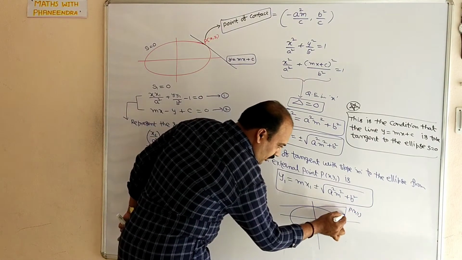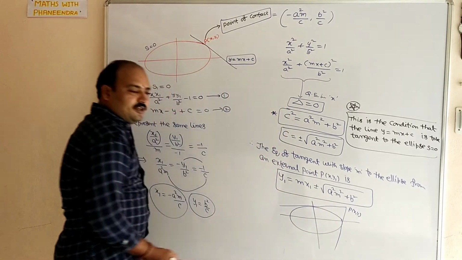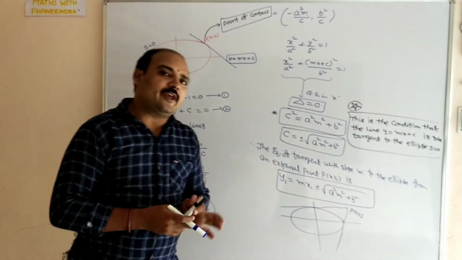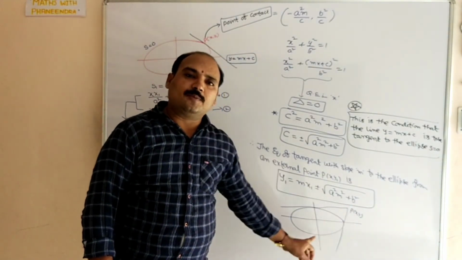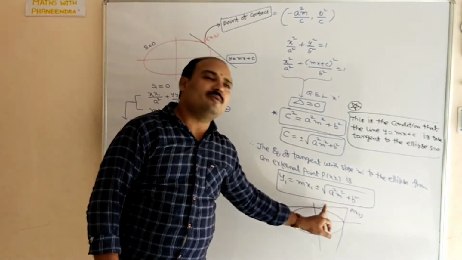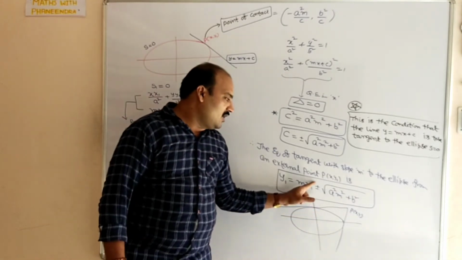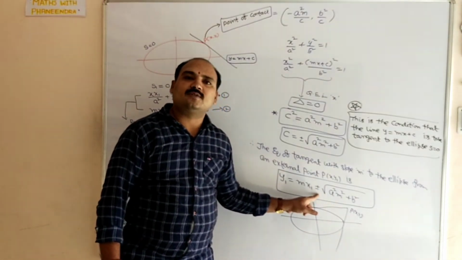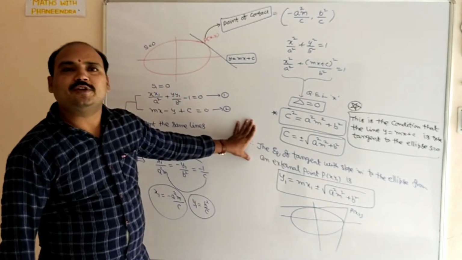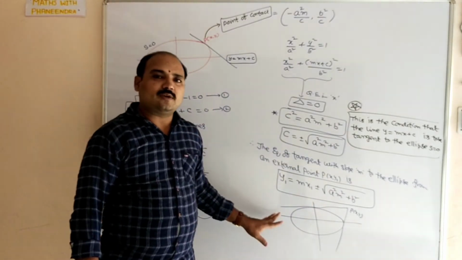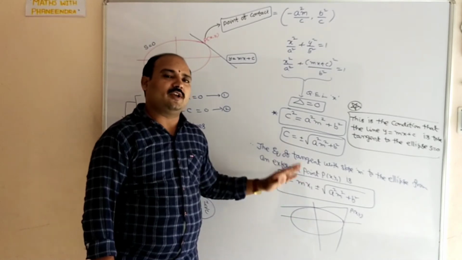This is a rough diagram I am drawing. This is another tangent. So if we observe carefully, from an external point to the ellipse, we have a maximum of 2 tangents. That is the reason we are getting plus or minus, 2 cases. After knowing the tangent equation, we will discuss more important points regarding MHT-CET and JEE.